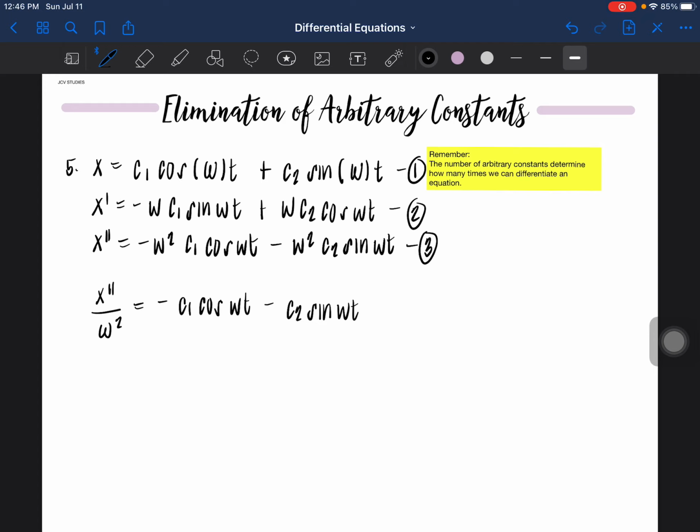And para ma-cancel natin itong arbitrary constants, or para ma-eliminate natin siya, we can add equation 1. So, ating equation 1 will have x is equal to c sub 1 cos omega t plus c sub 2 sine omega t.